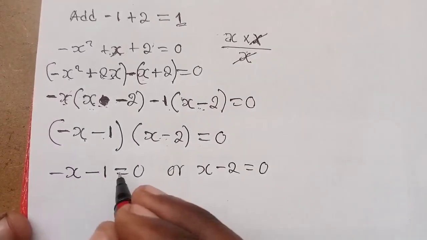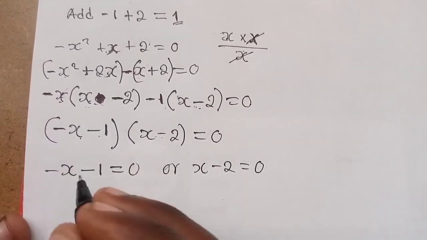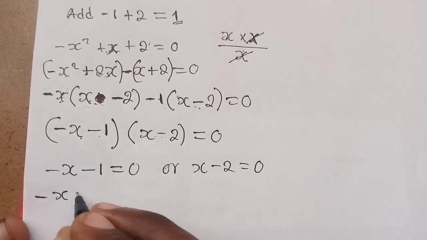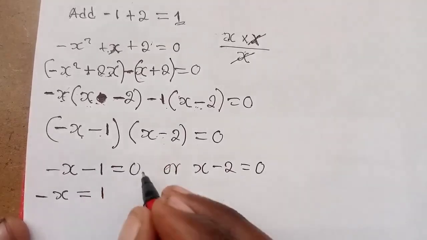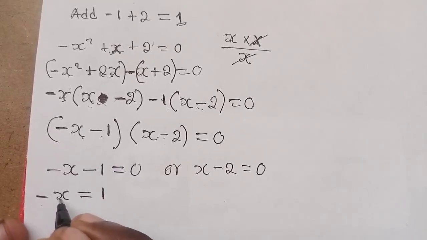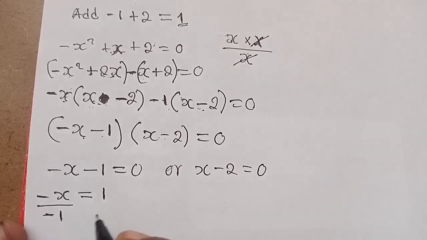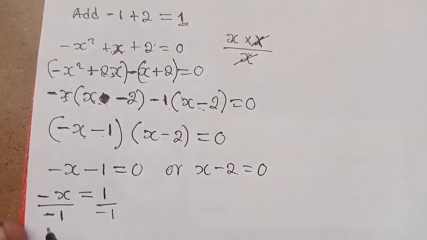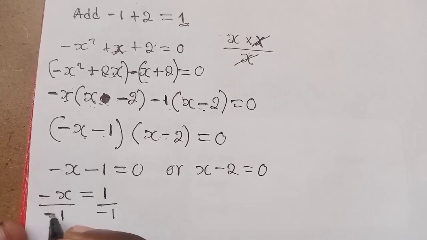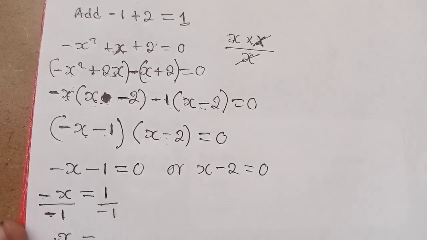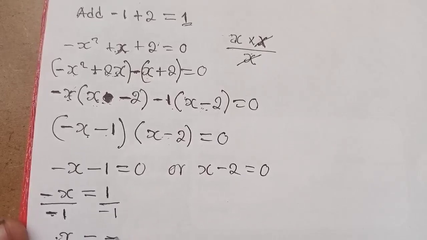So when we compute with this one, negative x is equal to 1 when this one comes this side. We need x, not negative x, so we divide both sides by -1. Negative into negative is positive, so x is equal to -1 into +1, which gives you -1.